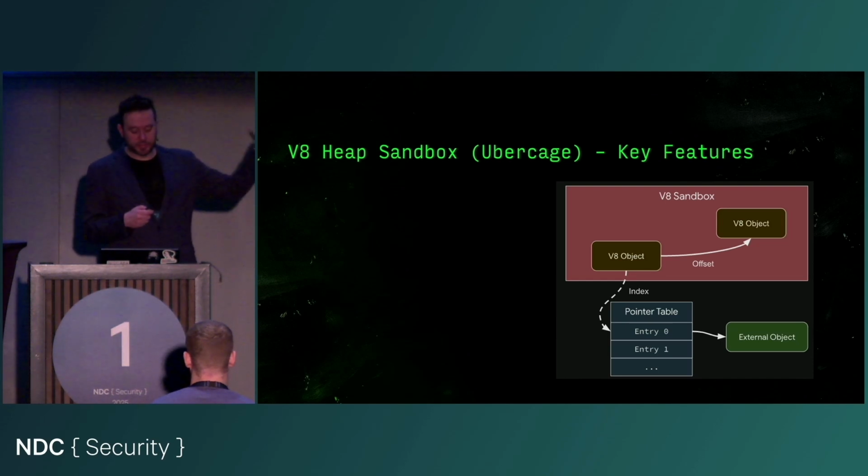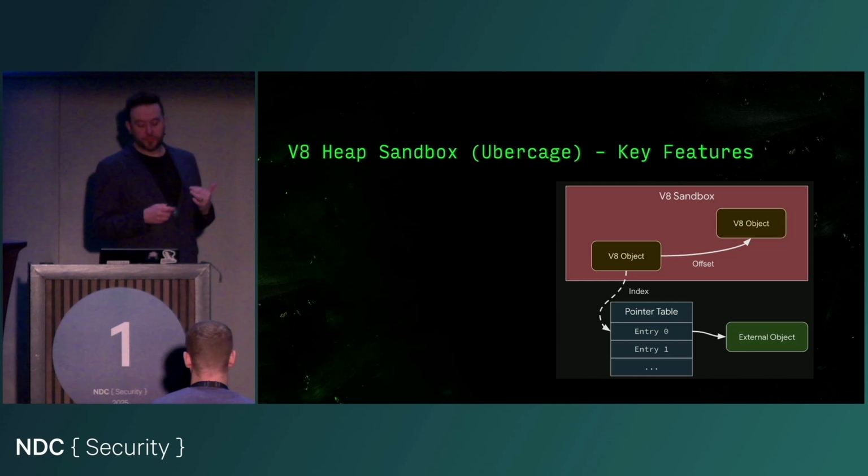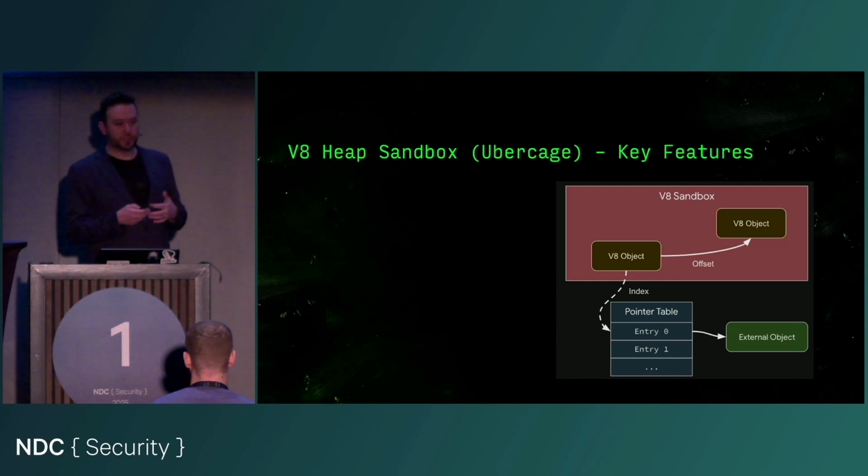So all the pointers are being removed outside the sandbox. So we now have a pointer table, so only the offsets of those pointers are stored inside the heap. And it's still software-based, this sandbox, not fully hardware-based, which is still not optimal probably. So at some point it will be hardware-based. And this has been rolled out in 2022-23.